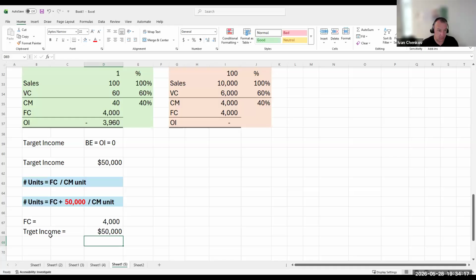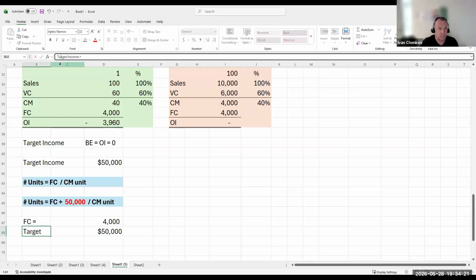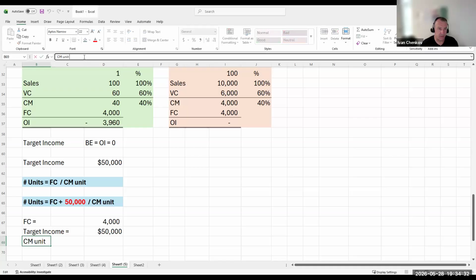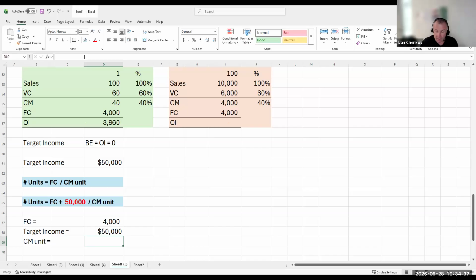And also, we know that my contribution margin per unit is equal to $40. That's what we know. Now let's run the formula and see what's going to happen.